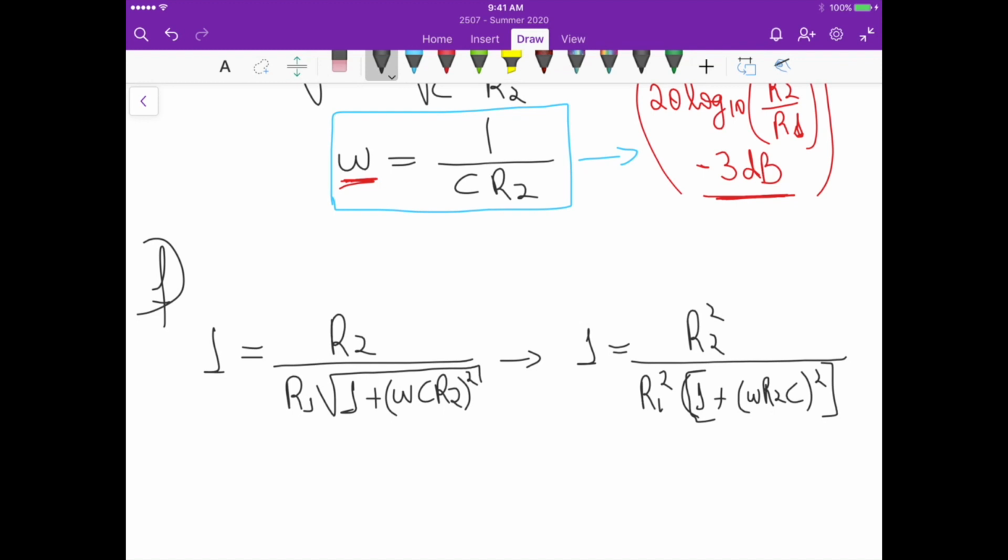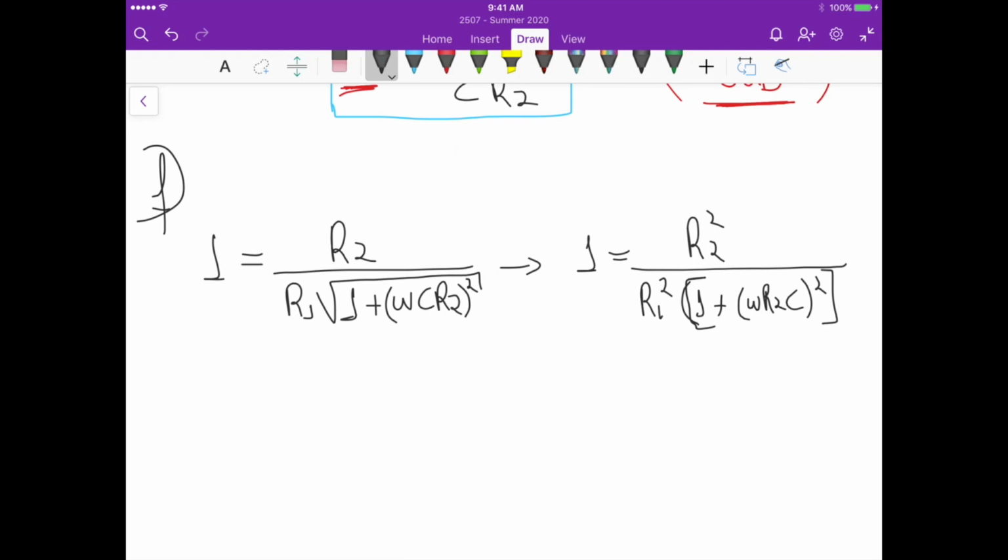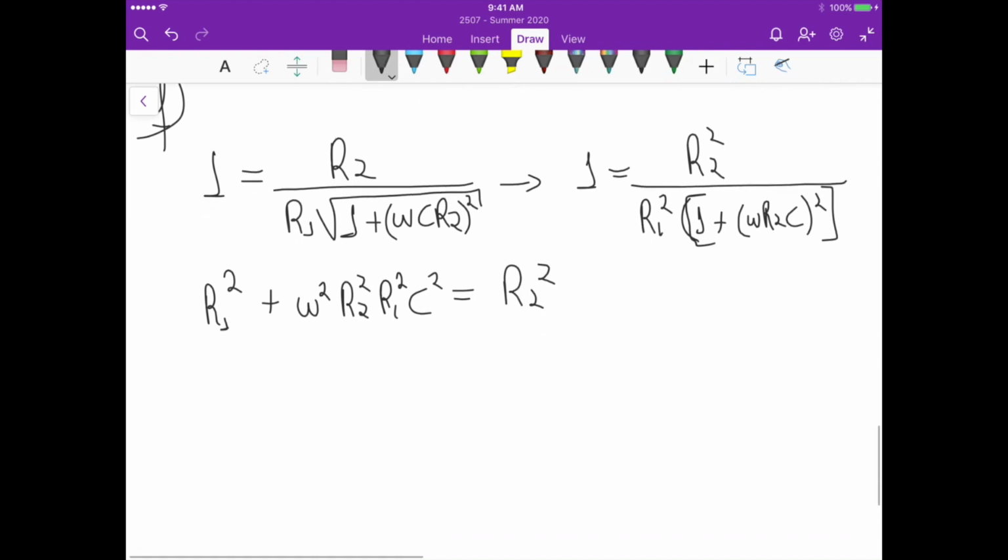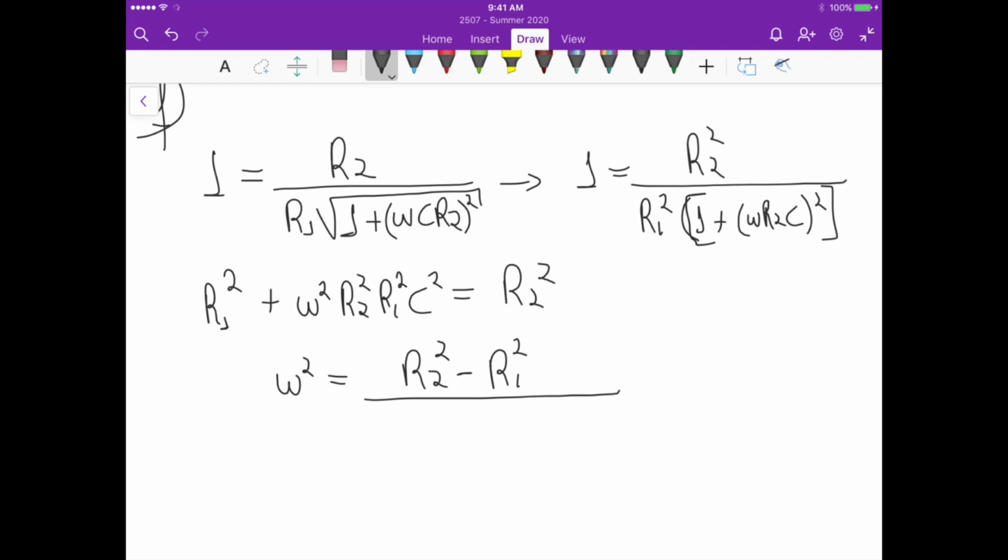And if we multiply the denominator on the left side, we get R1 squared plus omega squared R2 squared R1 squared C squared equals R2 squared, right? Now if we isolate omega, omega squared is equal to R2 squared minus R1 squared, divided by C squared R1 squared R2 squared.